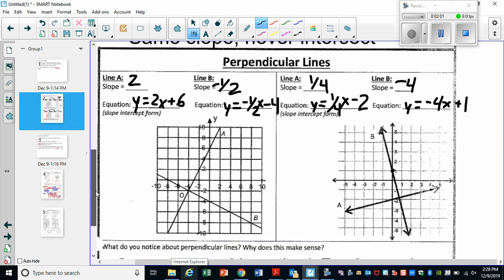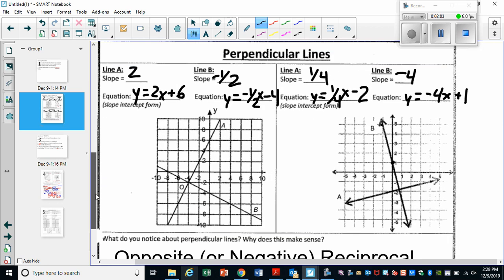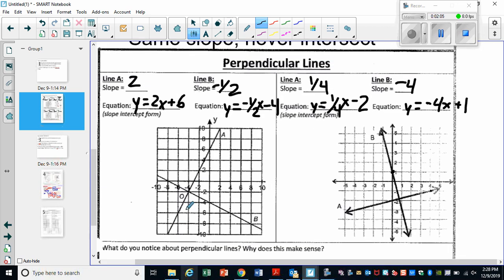Perpendicular lines. For the first line, slope is 2. Actually, for this line, I noticed why some of you said up 4 and right 2. That's okay, because here everything was counted by 2, so we technically went up 4.